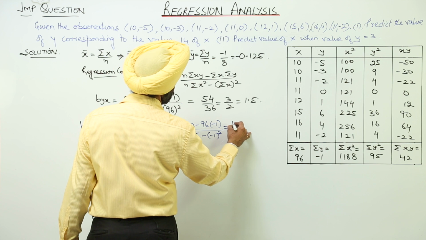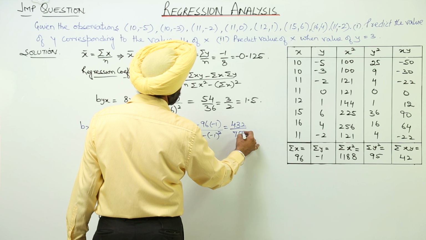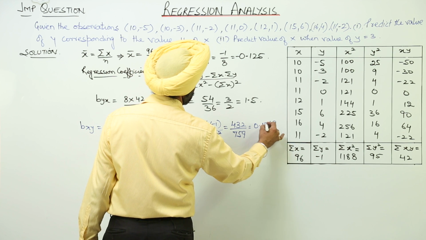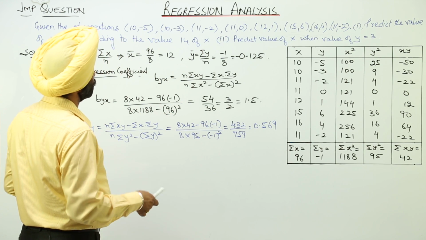Now this becomes 432 upon 759, which is equal to 0.569. Okay. Now let us move to part 1.